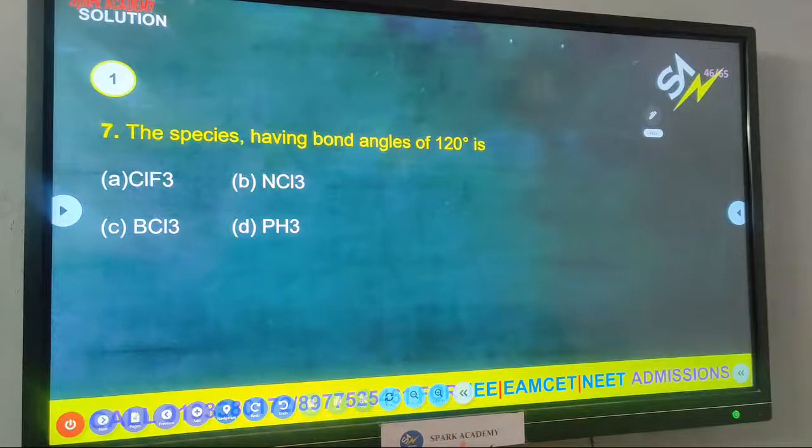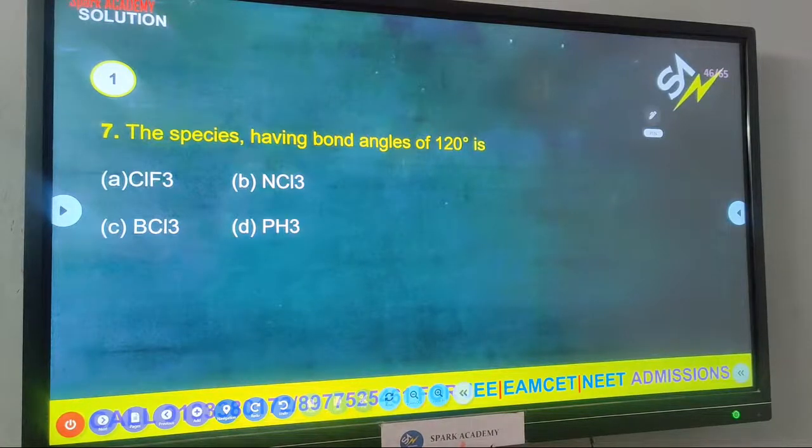Now we see examples. First, example number 1. The species having bond angles of 120 degrees. Given here: chlorine trifluoride, nitrogen trichloride, boron trichloride, phosphorus trihydride. In that, which one has a bond angle of 120 degrees?